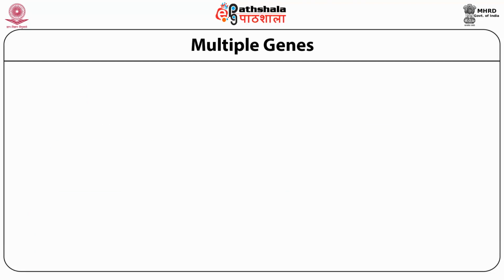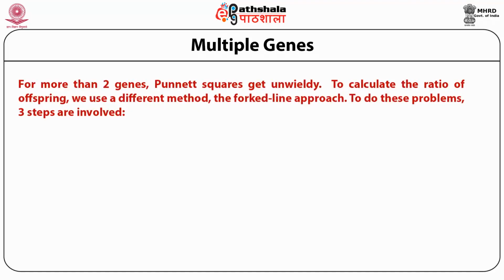Multiple genes. For more than 2 genes, Punnett squares get unwieldy. To calculate the ratio of offspring, we use a different method, the forked line approach. To do these problems, 3 steps are involved. 1. Determine the ratio of phenotypes for each gene separately. 2.